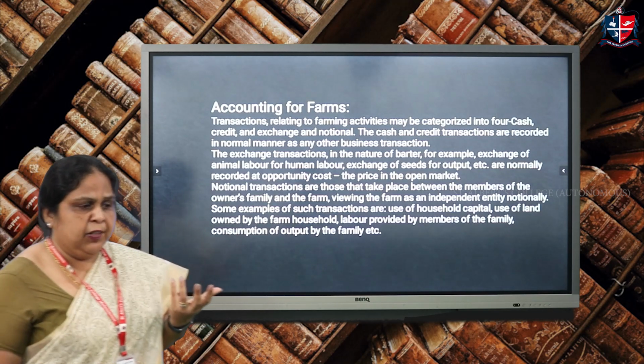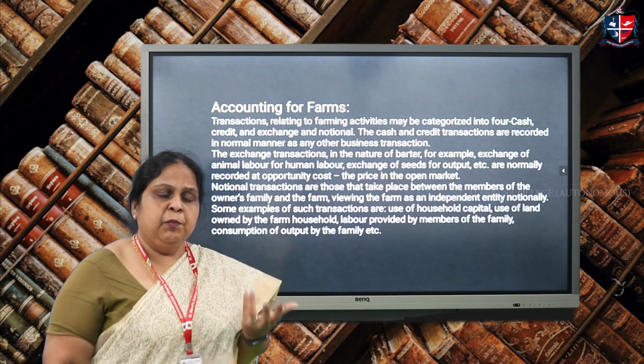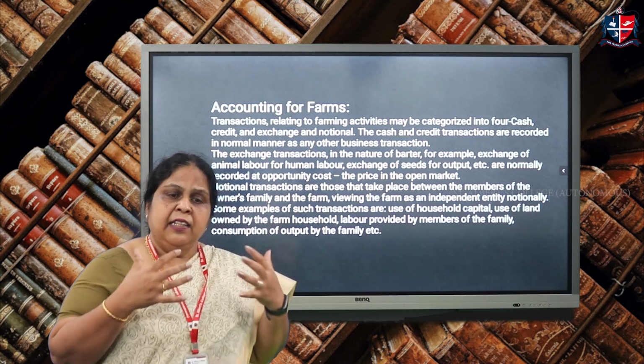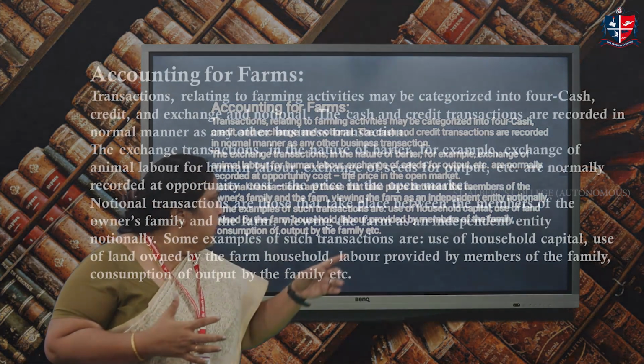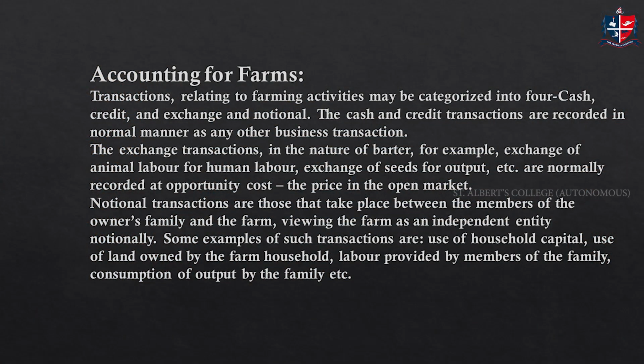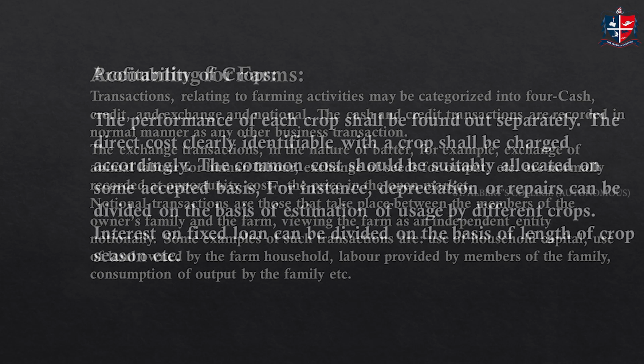Actually, even now, if you're having a farm, most of the farmers are the owners themselves. So that is what they are saying, the labor provided by the members of the family, consumption by the members. So all those are actually notional transactions. Transactions between the owner and the farm. So those are called notional transactions.